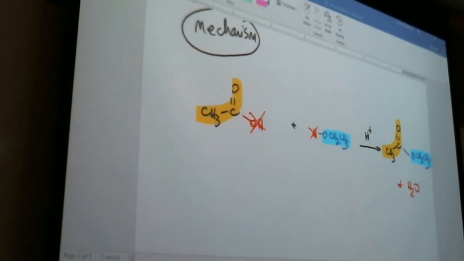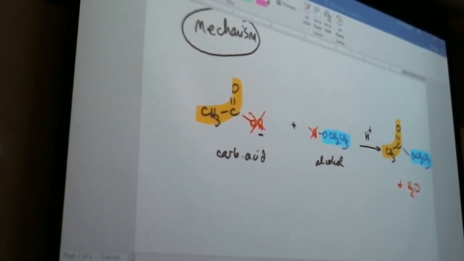This is sort of like a simplistic thing. It doesn't occur like this. We're going to look at the individual steps. But when I give you a carboxylic acid and an alcohol, and I ask you what are the products, this new functional group that you made in here, we no longer have a carboxylic acid which has this acidic hydrogen here.